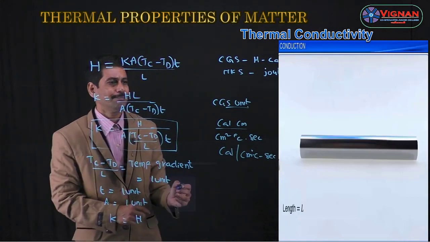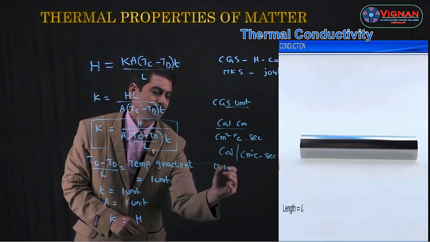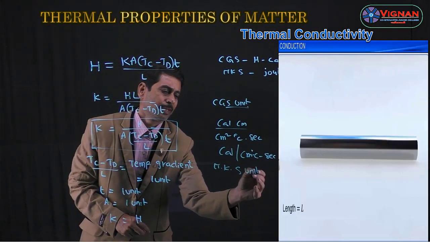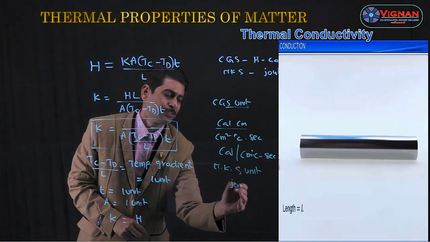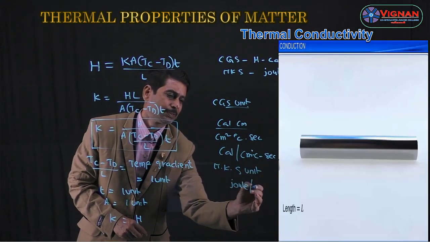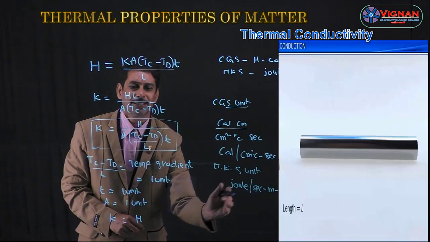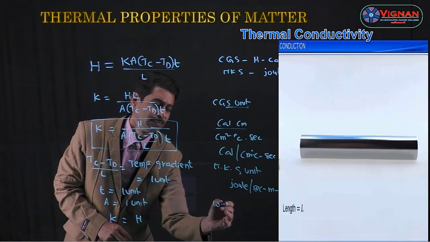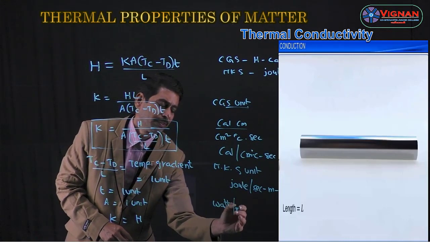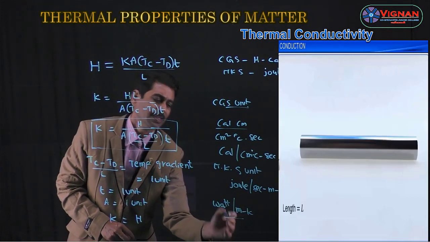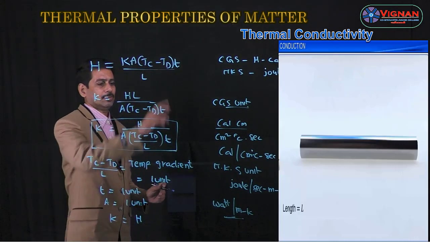Similarly, the MKS unit has joule instead of calorie, so joule per second meter Kelvin. Joule per second is also written as watt, which is power, so watt per meter Kelvin. This is the MKS unit for the coefficient of thermal conductivity.